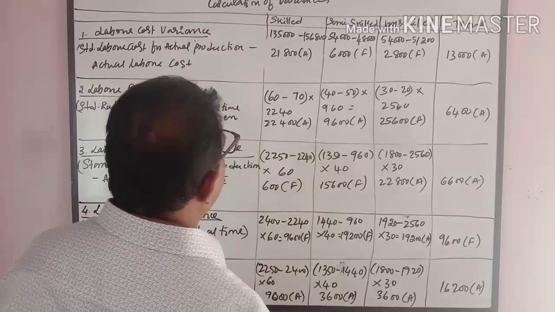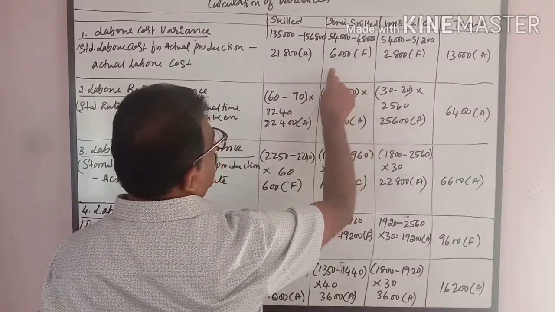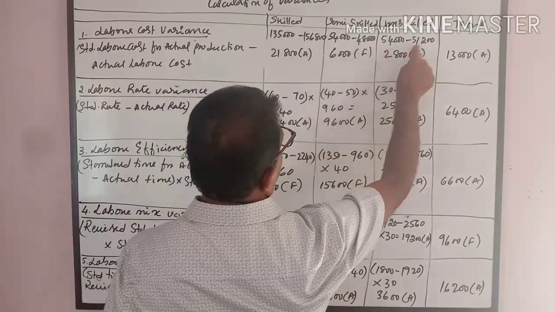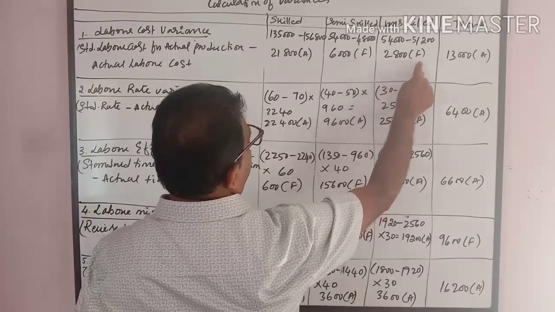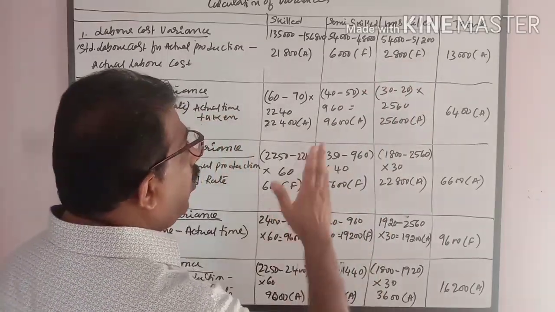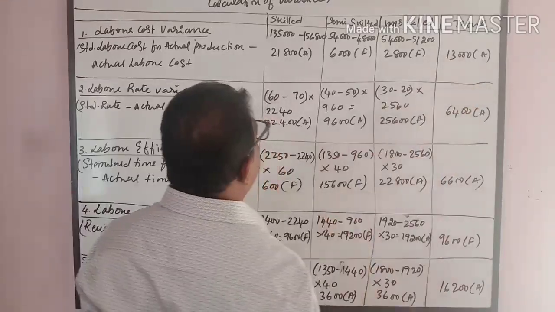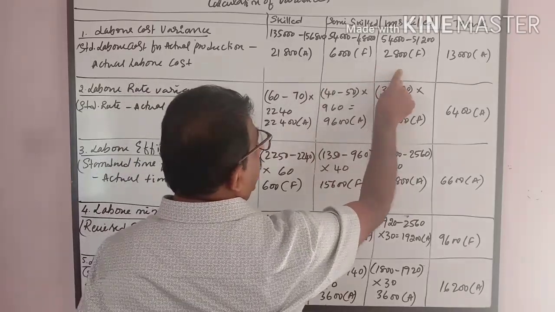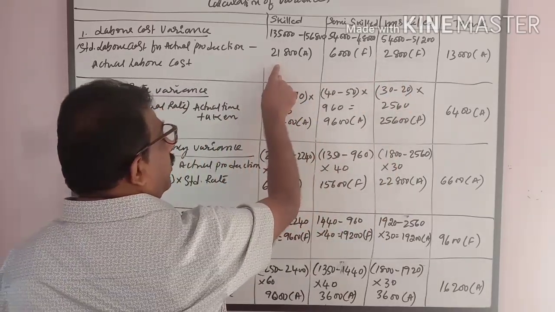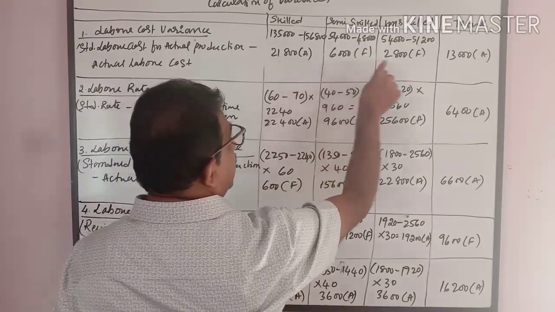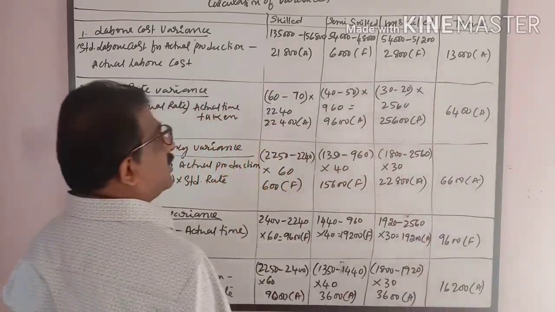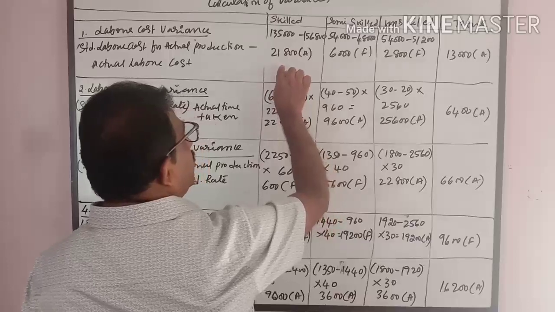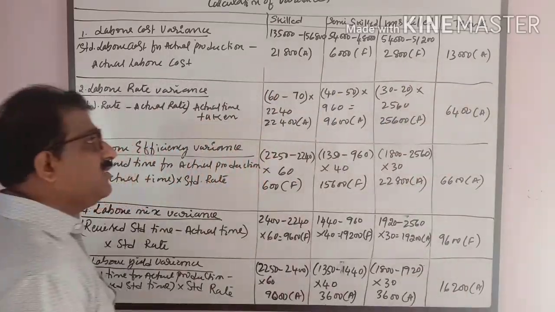For semi-skilled laborers, 54,000 minus 48,000 is 6,000 favorable. For unskilled laborers, 54,000 minus 51,200 comes to 2,800 favorable. Now how did I calculate the total? 21,800 is adverse, and 6,000 and 2,800 are favorable. 21,800 minus these two gives 13,000 adverse. Or you can add 6,000 plus 2,800 and subtract 21,800, and you get 13,000 adverse.